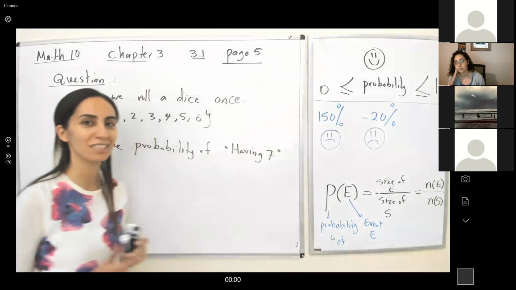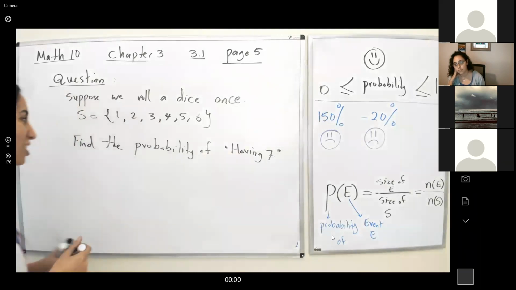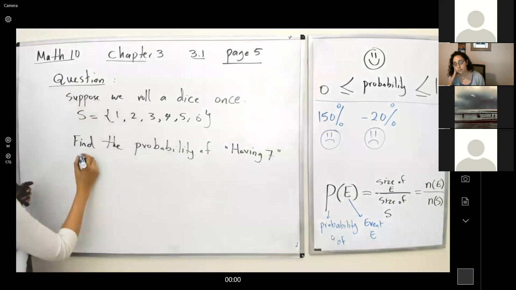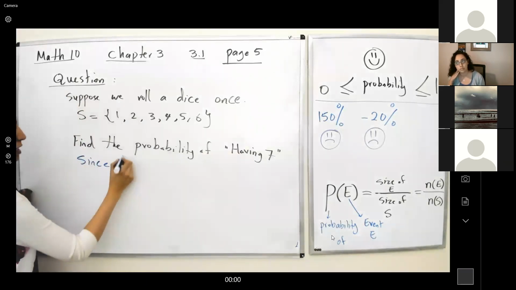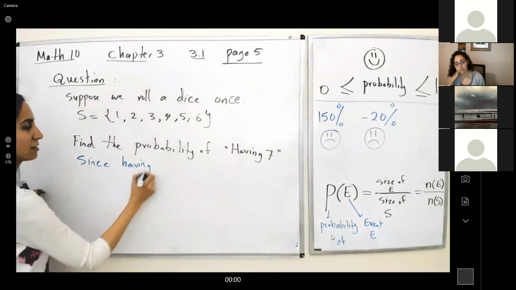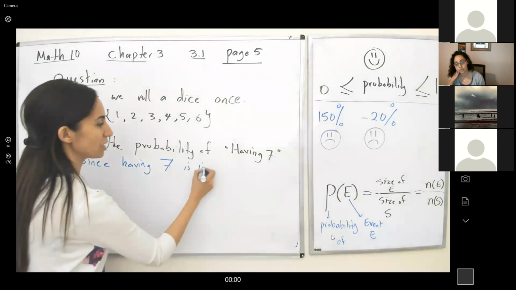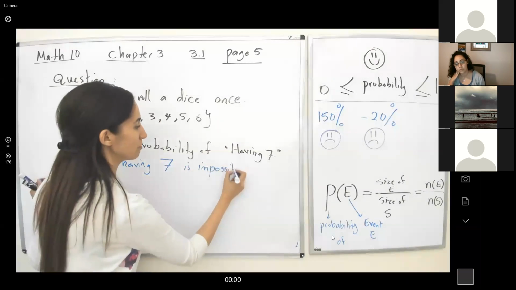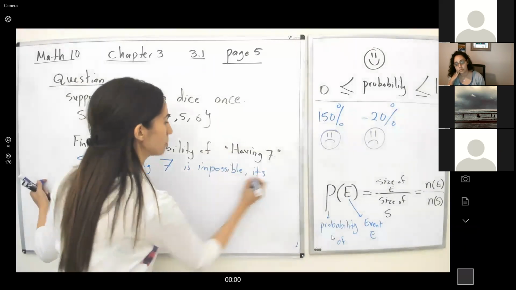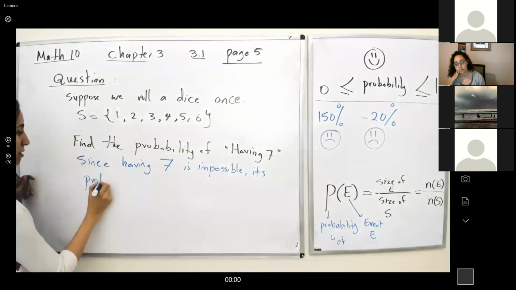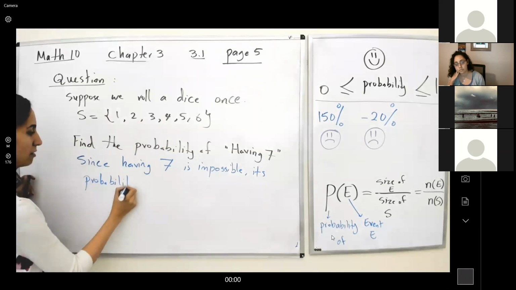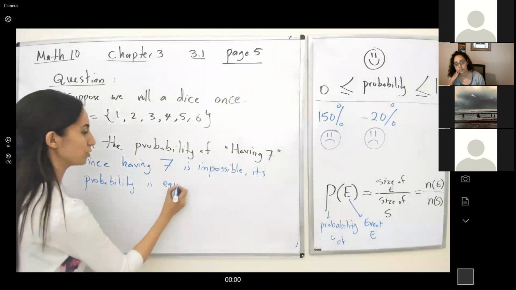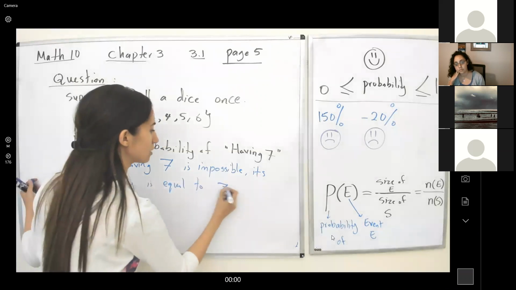Since having 7 is impossible, its probability is equal to 0.